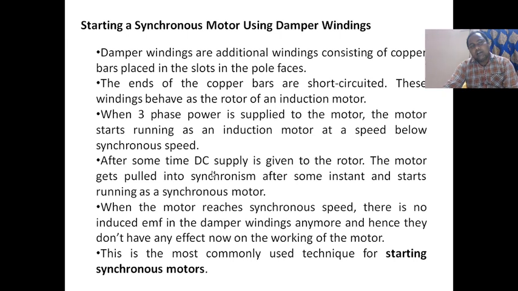After some time, DC supply is given to the rotor. The motor gets pulled into synchronism after some instant and starts running as a synchronous motor. When the motor reaches synchronous speed, there is no induced EMF in the damper winding anymore, and hence it has no effect on the working of the motor. This is the most commonly used technique for starting a synchronous motor.